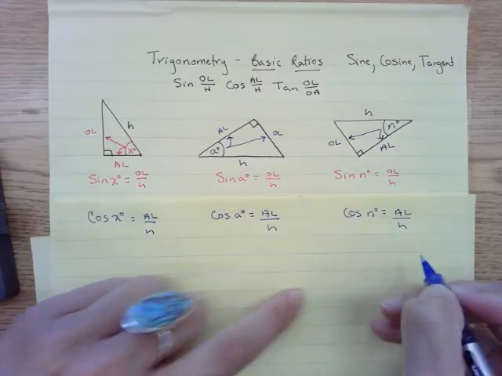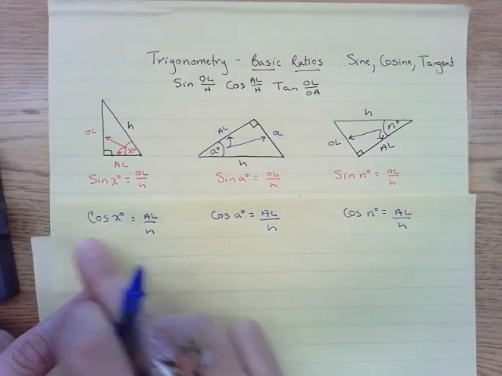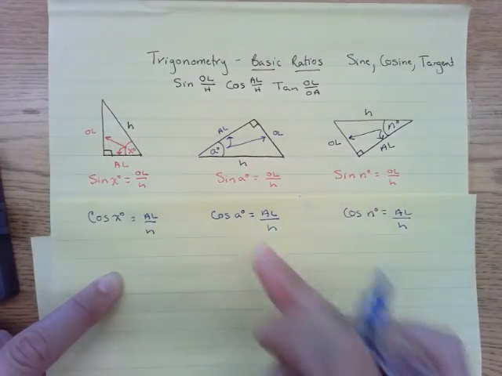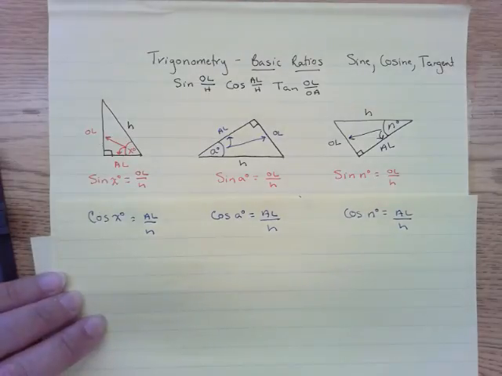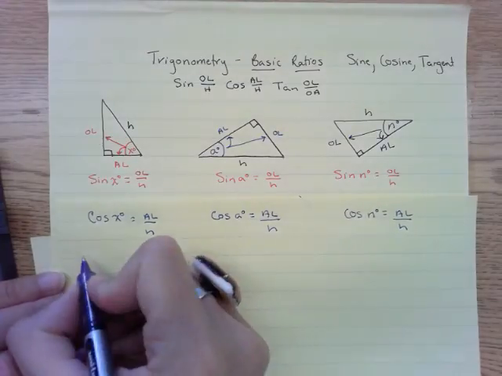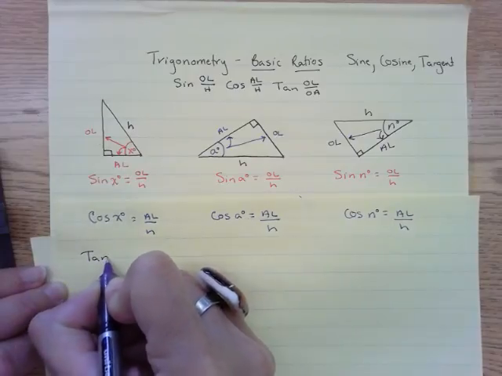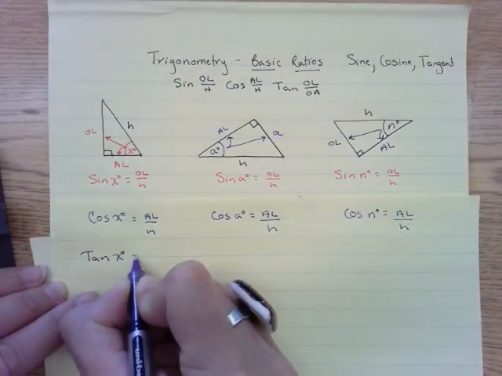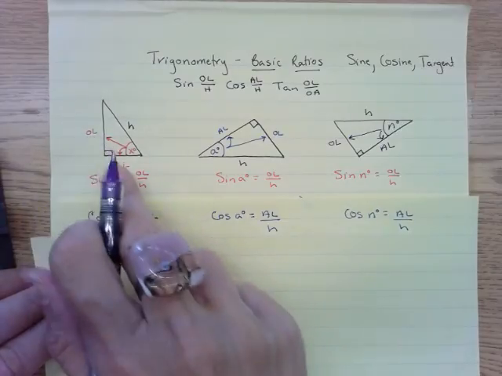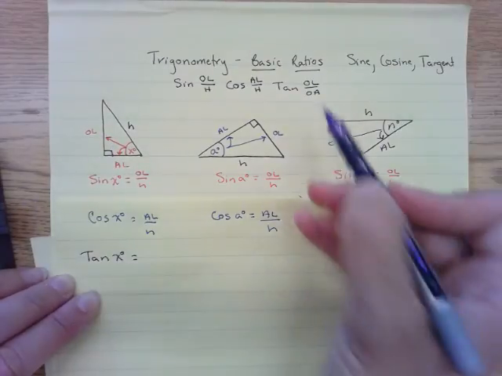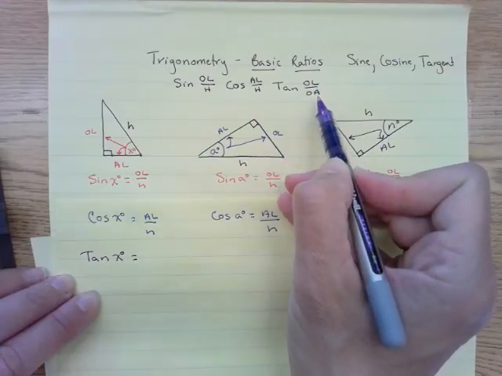So you see that the ratios are all the same, but the numbers are going to be a little different later on. And the last one, let's put this in purple, the tangent. The tangent of x degrees doesn't have anything to do with the hypotenuse. It only has to do with the legs. So the tangent is the opposite leg over the adjacent leg.